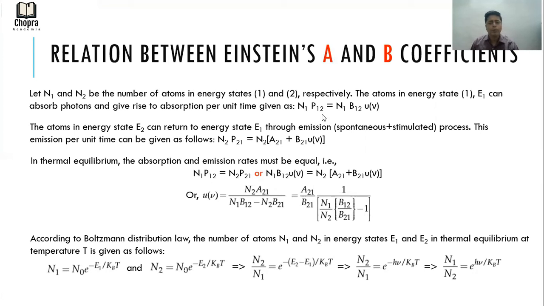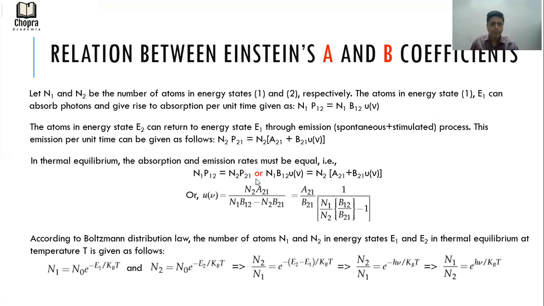This emission per unit time can be given as follows. We have to add the probabilities of both the emissions. So N2P21 is equal to N2 times A21 plus B21 U nu. These are the probabilities of spontaneous and stimulated emissions, so these have been added here.